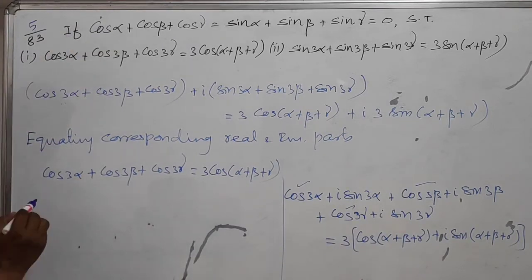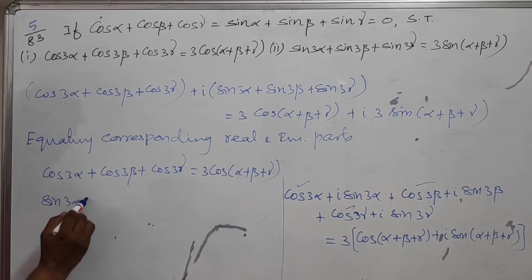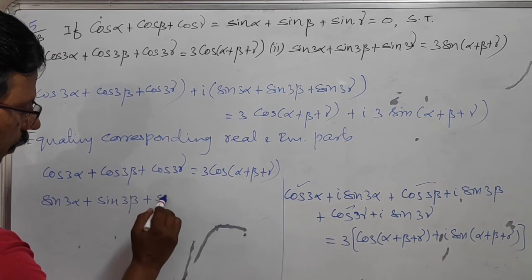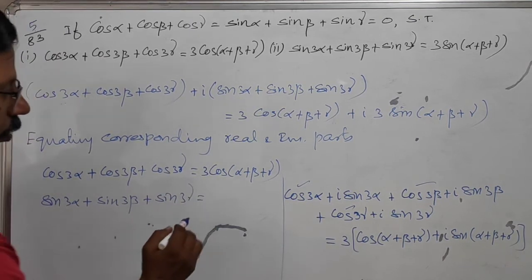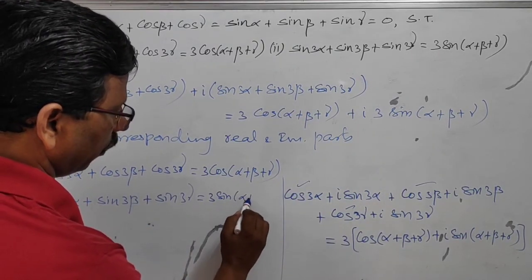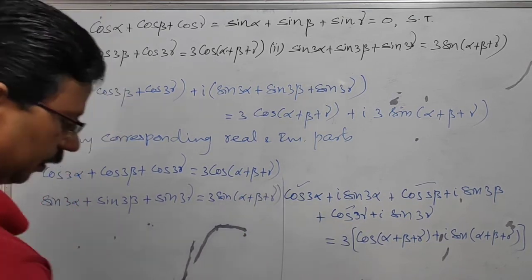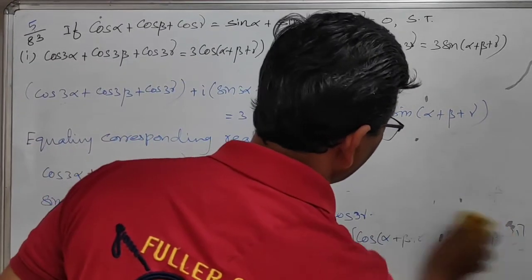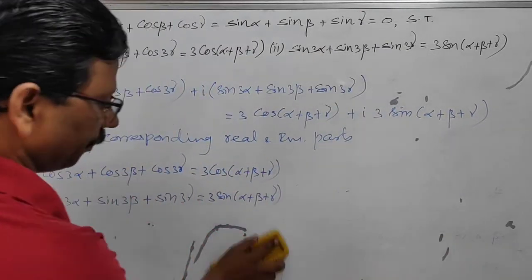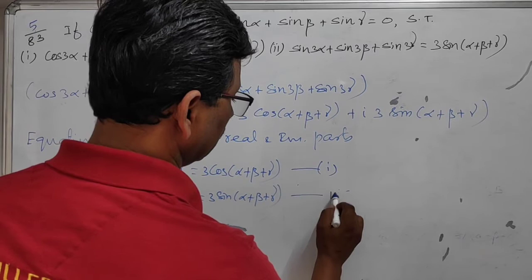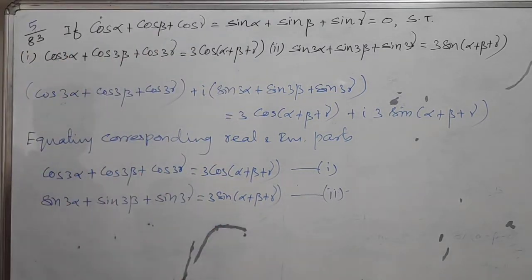Now the imaginary part: sin 3 alpha plus sin 3 beta plus sin 3 gamma is equal to 3 times sin of alpha plus beta plus gamma. Now the first one is nothing but the first subdivision, the second result is nothing but the second subdivision. This is result number 1. This is result number 2. We have to prove this. Therefore, we have proved these things. That's all. Next we will see.